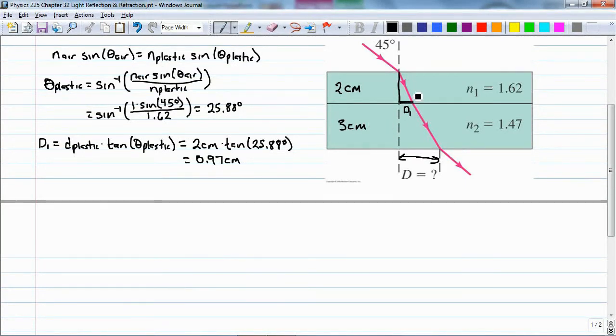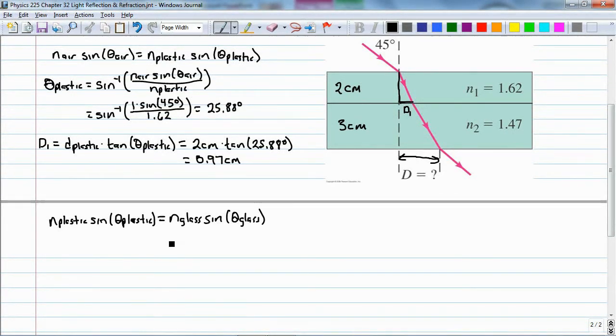Now I can work on my angle here for the refractive index inside of the second medium, and that's going to be n plastic times sine of theta plastic is equal to n glass times sine of theta glass.